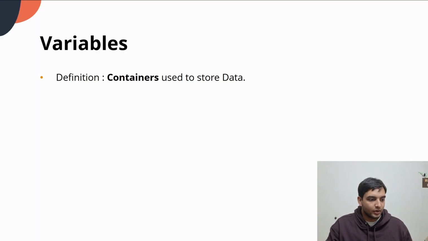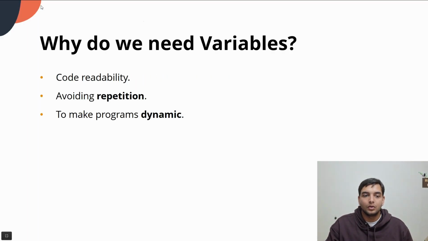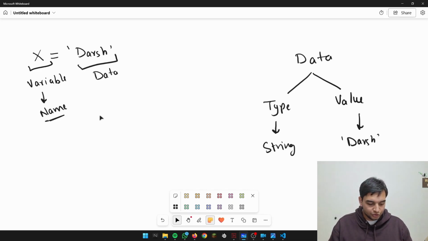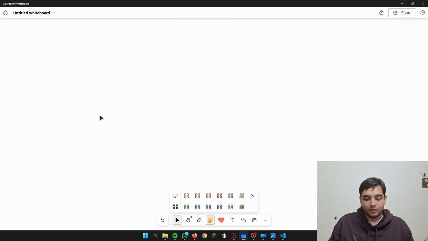So back to the presentation, why do we basically need variables? What variables do is they improve code readability, they avoid repetition, and they make the programs dynamic. Variables have a property that makes it possible to change the value whenever we need to.